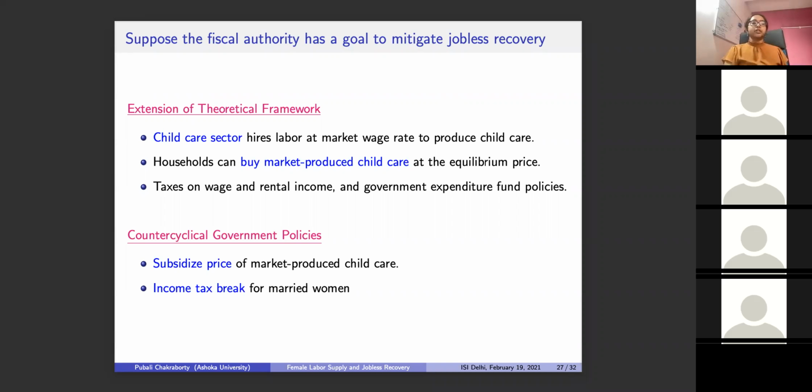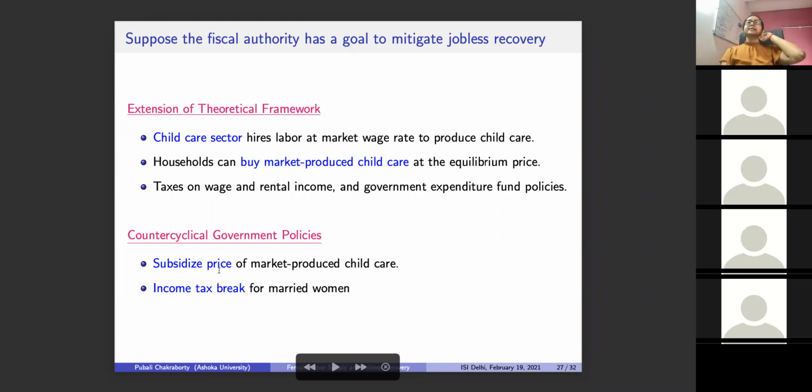But suppose now households had the option of buying childcare from the market at an equilibrium price, and the childcare sector is just hiring labor to produce this childcare. And there are taxes imposed on wage and rental income, which together with government expenditure are used to fund these two different policies that I consider.